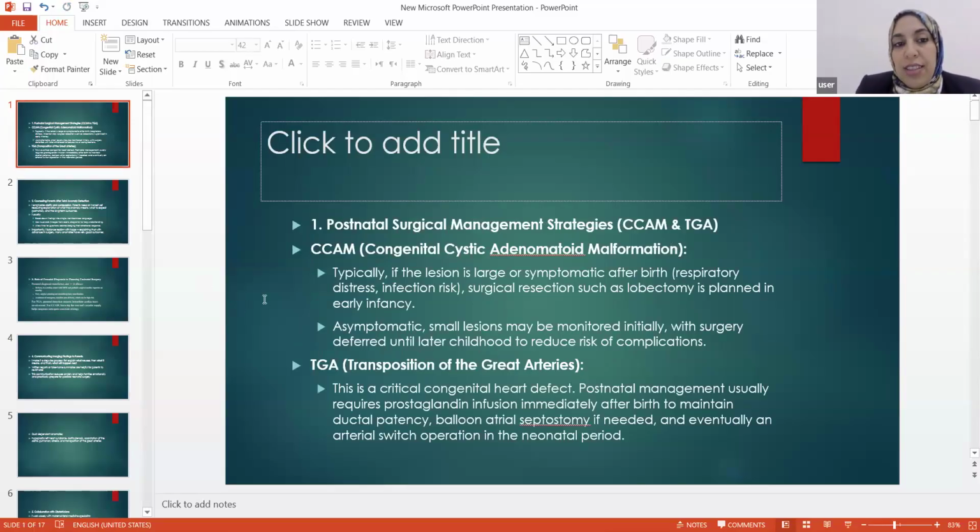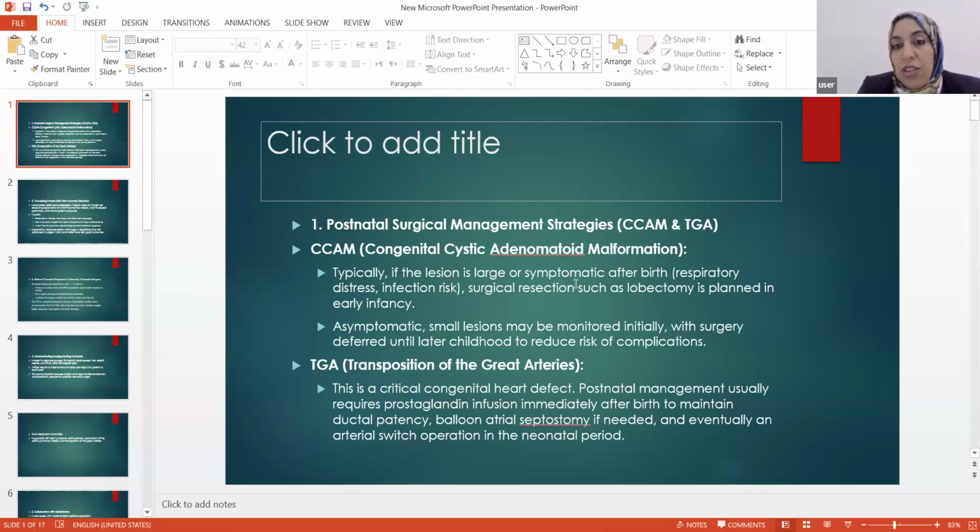From the lecture on CCAM or CPAM, it is important to discuss the post-surgical management strategy with the patient. You must identify to the patient what the lesion is.